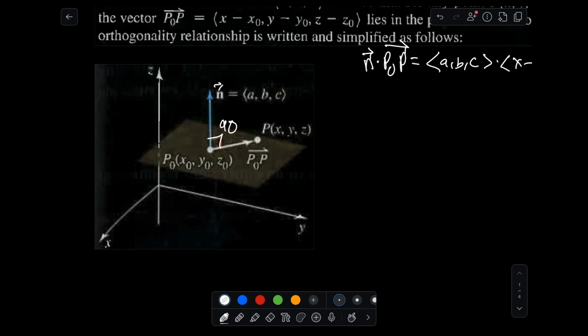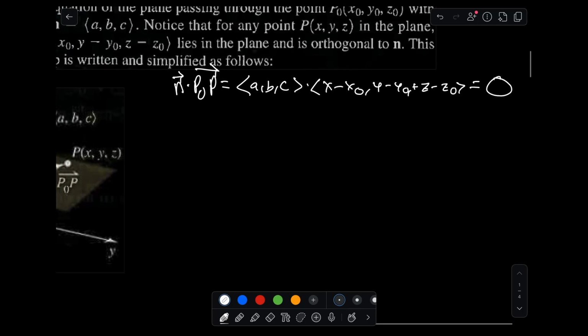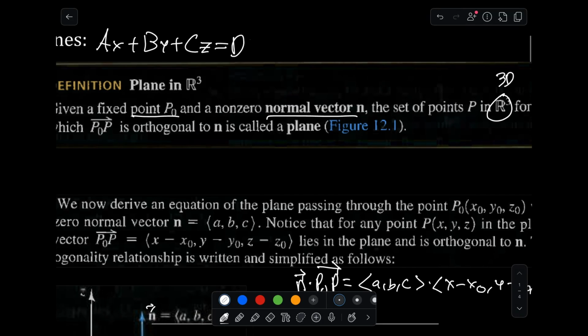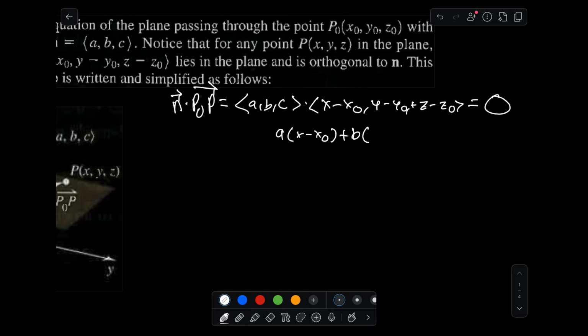And that's the beauty of this dot product equation. We can actually use it to solve for the expression for a plane like we just did above. So then we have a times that quantity, b times that quantity, and then c times that quantity, all equal to 0.